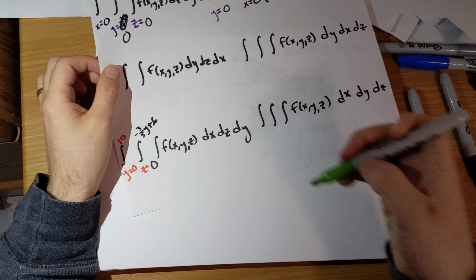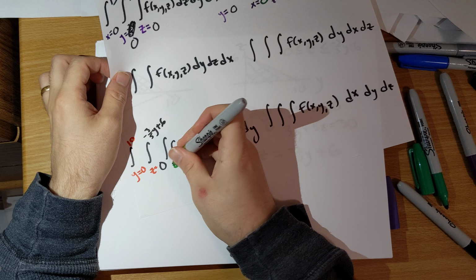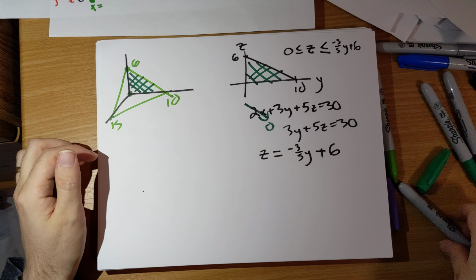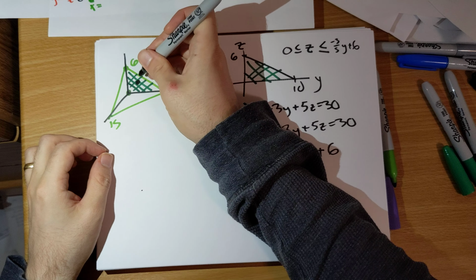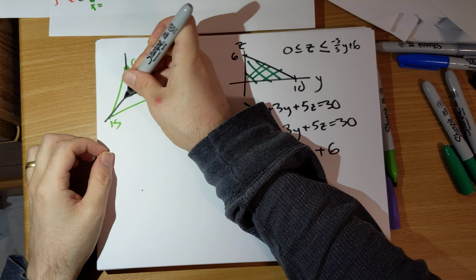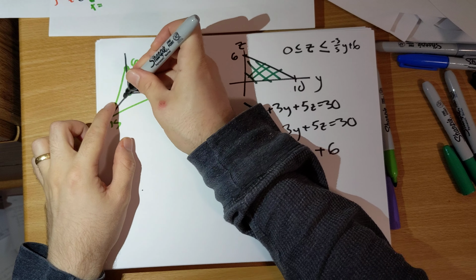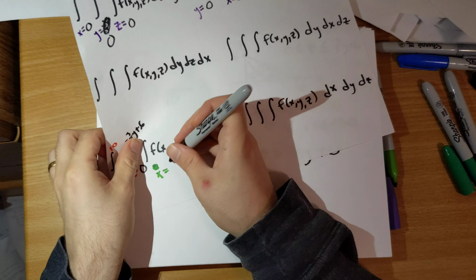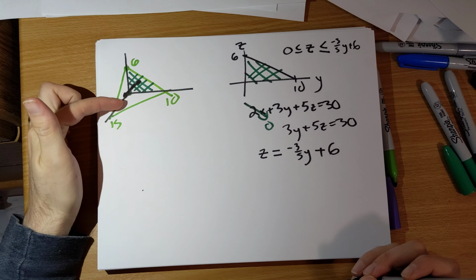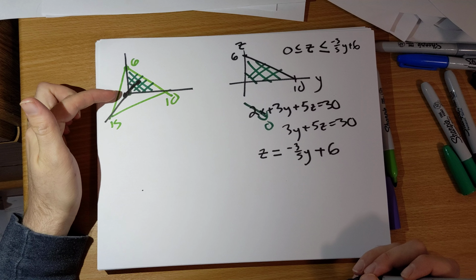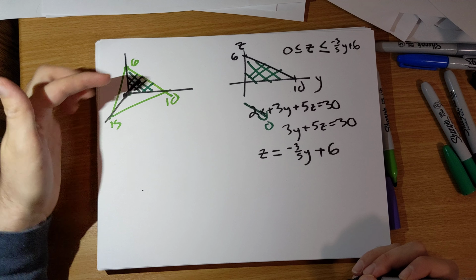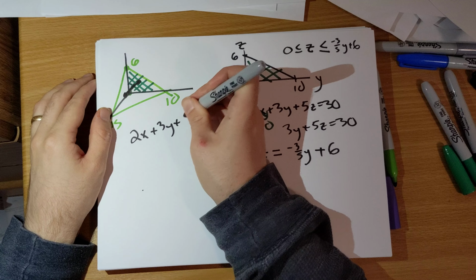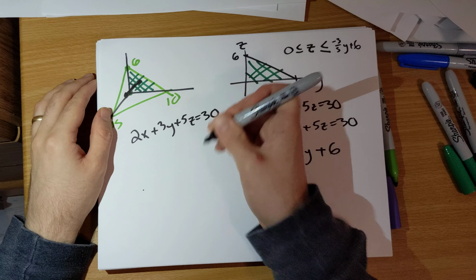Okay. And then finally, what are our bounds on x for a fixed point in the YZ plane? So x can be 0. It starts at 0, and it runs until we hit the plane here, the plane with equation 2x plus 3y plus 5z is equal to 30.